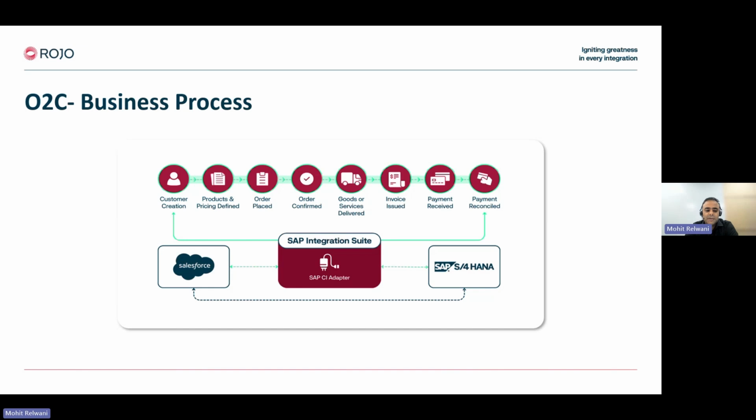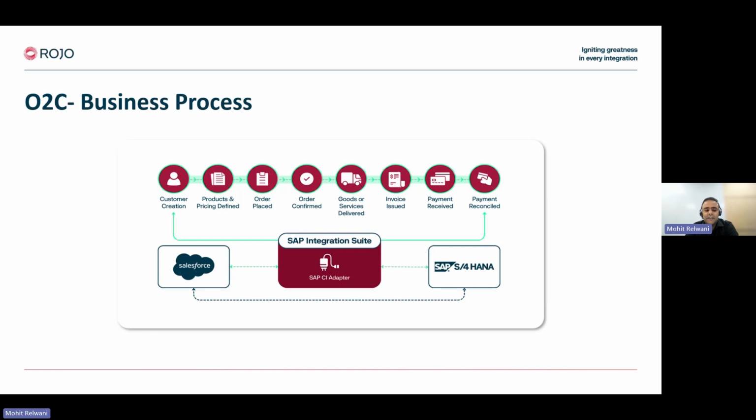It starts with customer creation, and you can see it goes with a product, and then the main part comes when the order gets placed and confirmed, then goods are issued, and post goods issue, then delivery is created, then invoicing and billing, and then the payment is received, and finally when the payment is reconciled, the order gets closed. So this is the complete order to cash process.